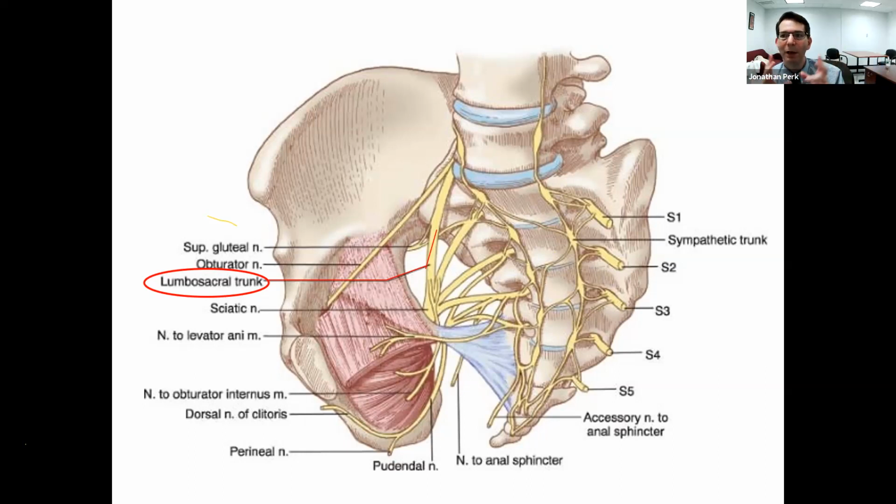So if you have a large head of a baby and a very prolonged delivery, maybe it's a first delivery, and for hours and hours the baby is knocking their head against mom's pelvic floor, this will squish the lumbosacral trunk, which is mostly an L5 root.